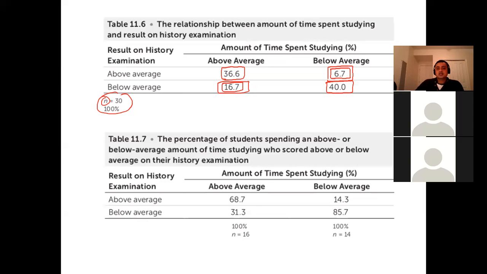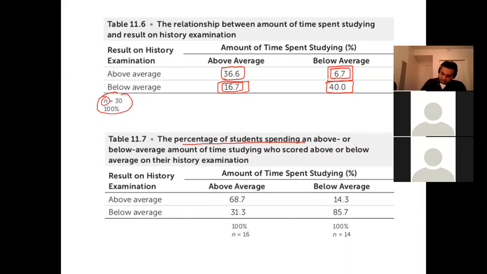Now, there's an additional complexity that you can add to it. You can calculate it a little differently. Instead of talking about absolute percentages, you can say the percentage of students spending an above or below average time.